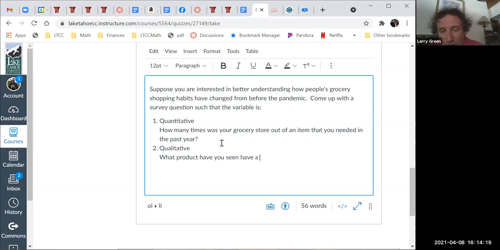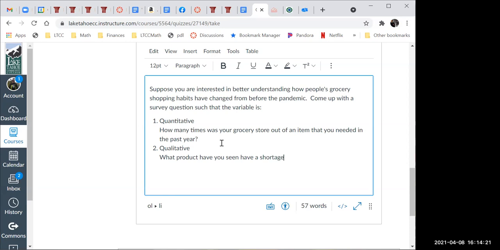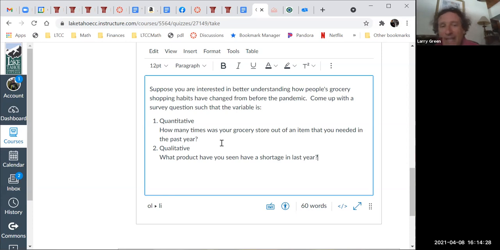Having a shortage in the last year. And one obvious one would be toilet paper, right? The answer would not be 8. It would be toilet paper or maybe flour. All kinds of different things, words. And that's the main thing, that the answer to the qualitative survey question needs to be a word.